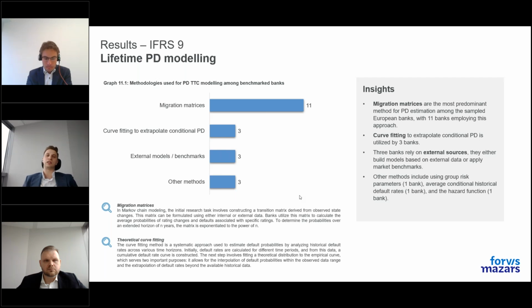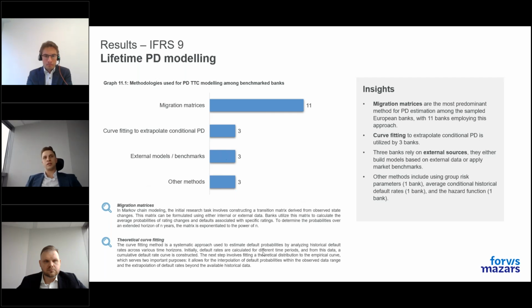This is particularly the case for banks which are new on the market, so they don't have available data to calculate the model, or they have very high quality portfolios, which means that very few defaults have happened in the past. So it's not possible to calculate it on the default data inside the institutions.